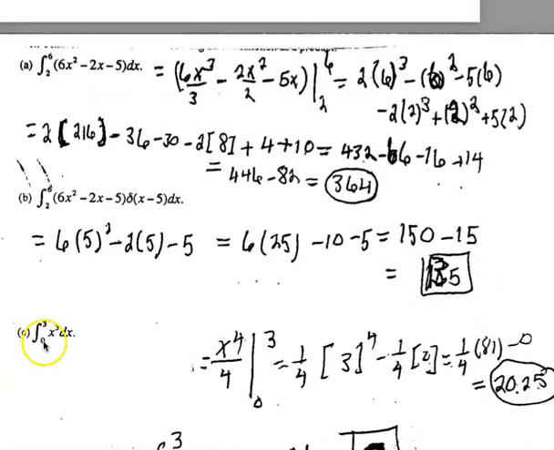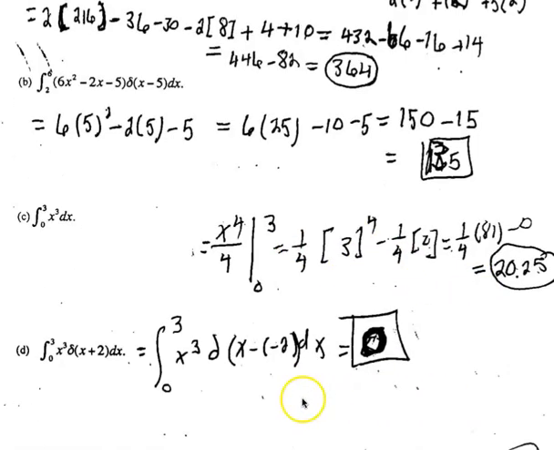Look at this here. The integral from 0 to 3 of x cubed dx. Look at this expression here, and you get this is that. Now suppose you have this expression. All right. Now this delta is not in its standard form. So you have to write this as delta of x minus a -2.